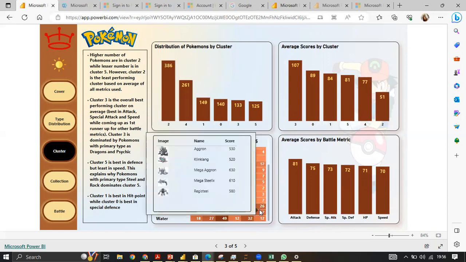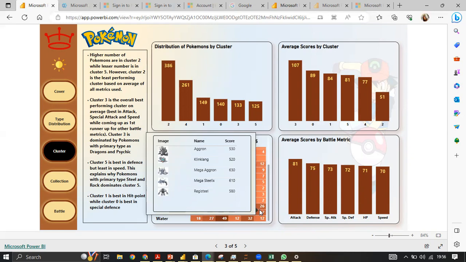So I think this explains why Rock and Steel is dominating cluster 5, because they are very strong in defense, but I feel that they are heavy guys. So when you're heavy, your speed is less. So this is the perfect explanation for this.